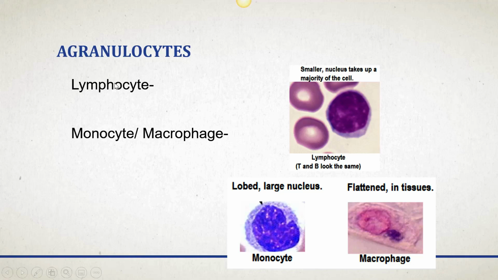The lymphocytes, these are your T cells and B cells. This makes up your adaptive immunity, your third line of defense against pathogens. These cells are smaller and their nucleus takes up a majority of the cell. Monocytes and macrophages are also major phagocytic cells.